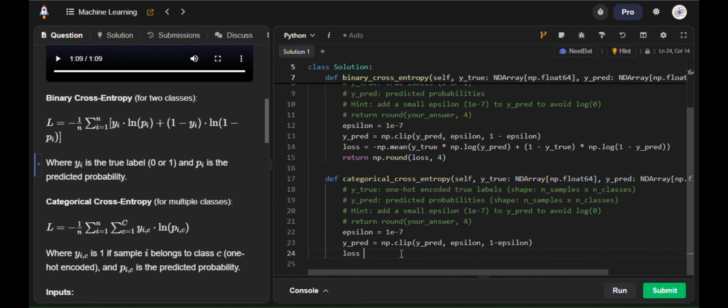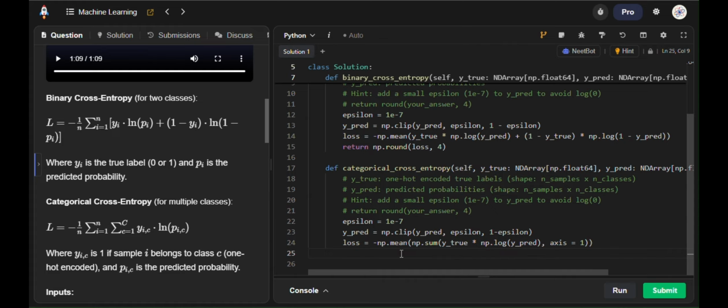Then we'll calculate the loss using the formula: np.mean of np.sum of yTrue times np.log ypred, with axis equal to 1.